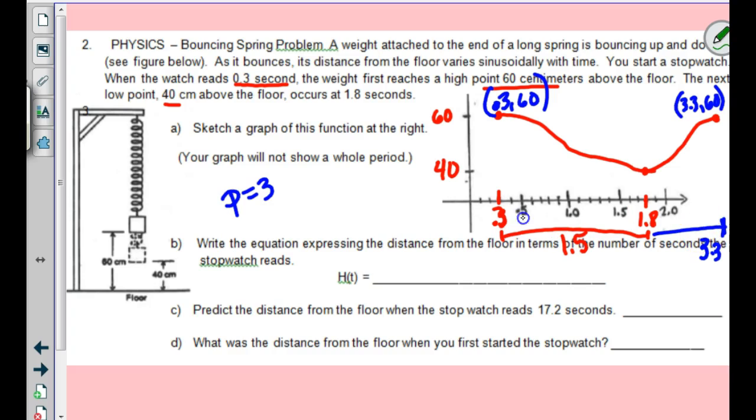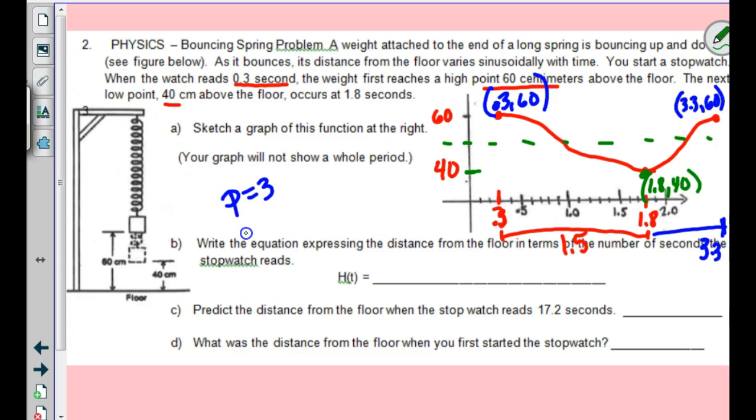Okay, the minimum is at 40, right? And that occurred at 1.8. So where's the midline? That shouldn't be too hard. What's halfway between 60 and 40? The midline is at 50. And what does that midline tell us? That's where students get confused.